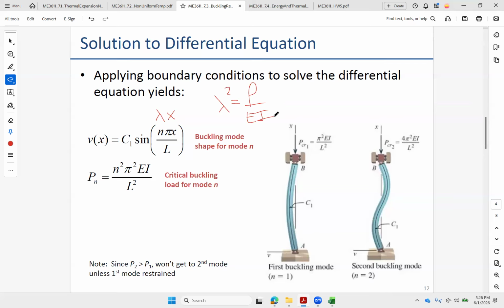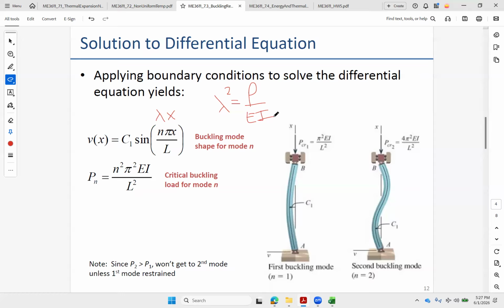Okay. Now the first one, where n equals 1 is an integer, that's going to give me my simple buckling shape. Half of a sine period, and I push with pi squared EI over L squared, and that's when it's going to pop out. I don't know how far it's going to go, but I do know it's going to pop out into this sinusoidal half period.